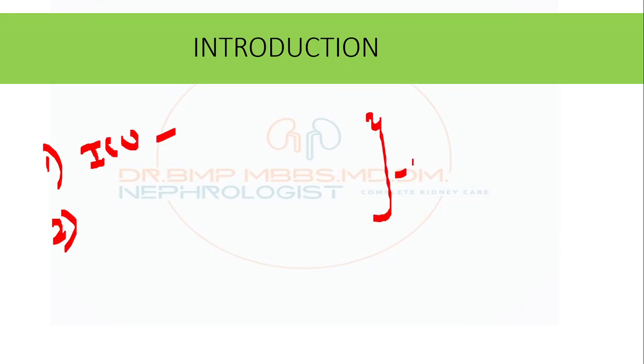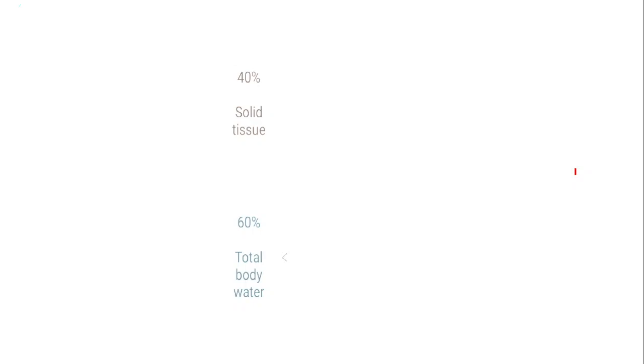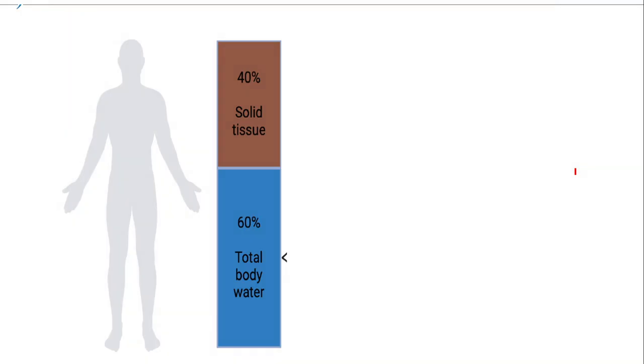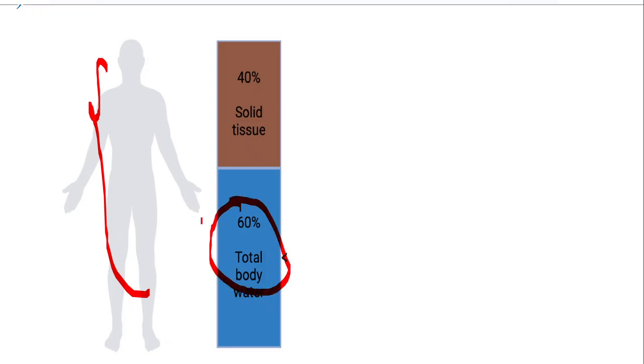To have an exact volume assessment in a patient, you first should be aware of the physiology regarding the fluids in the body. We take the total body mass; in the entire body, 60% is water. 60% of the body is formed of water, which everyone is aware of.